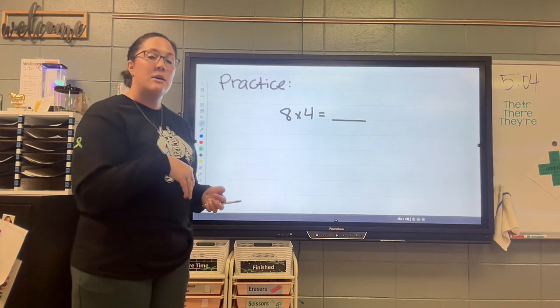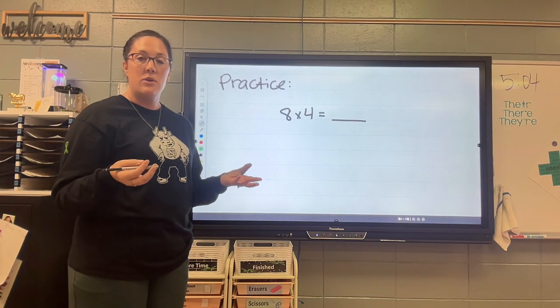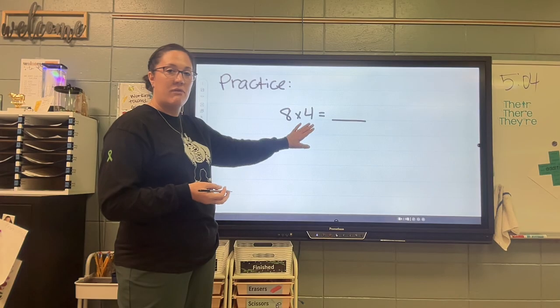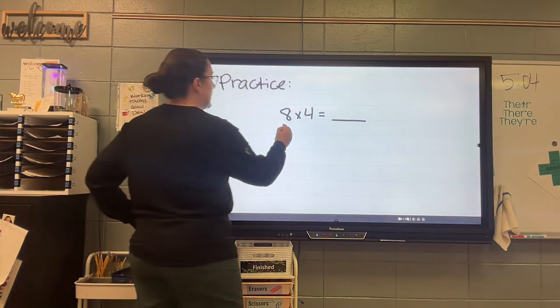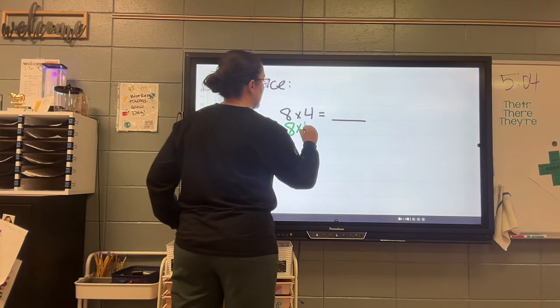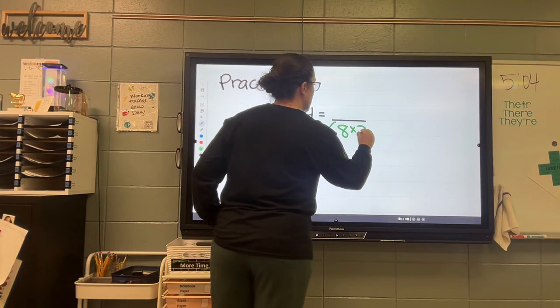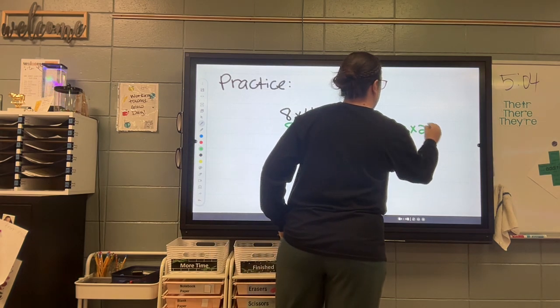So when I'm breaking down problems, I'm going to look for the ones that are the easiest for me to figure out. So in this case, 2 is going to be an easy one because I can break 4 down into 2 plus 2. So how I might do it is say 8 times 4 equals 8 times 2 plus 8 times 2.